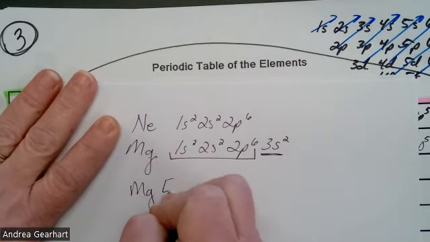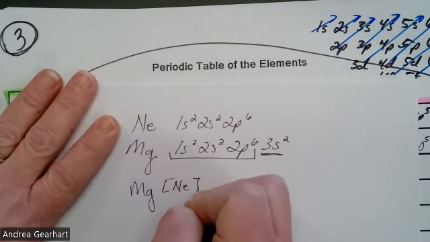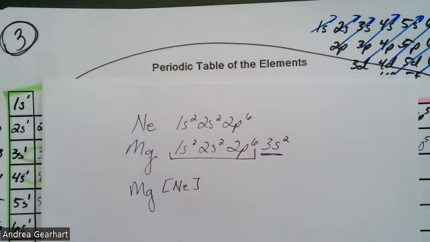If we write neon in brackets, we are saying all the electrons in an atom up to neon, so all of its 10 electrons. Then we begin in the third period and work our way over to magnesium.